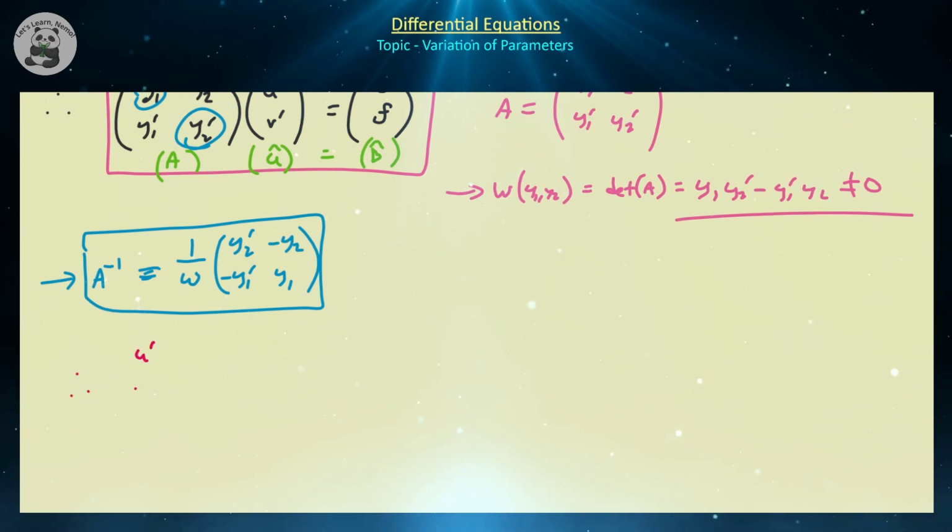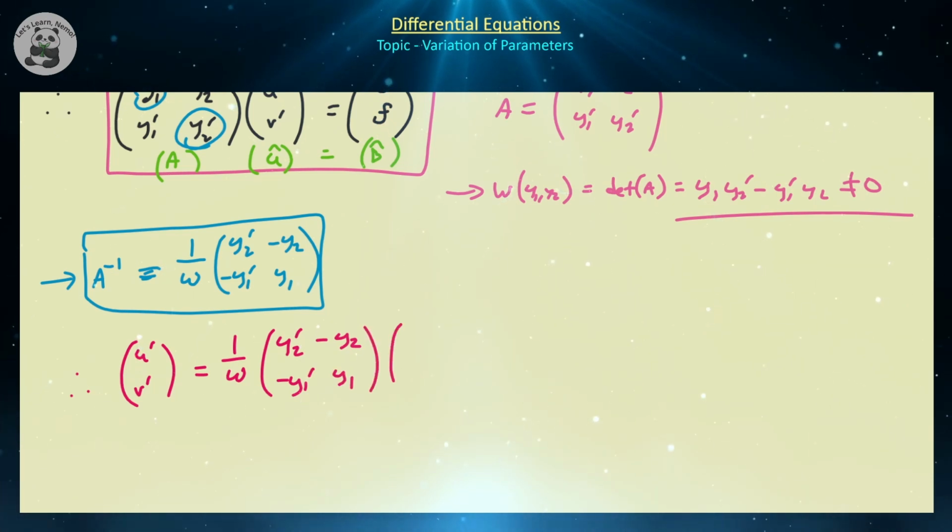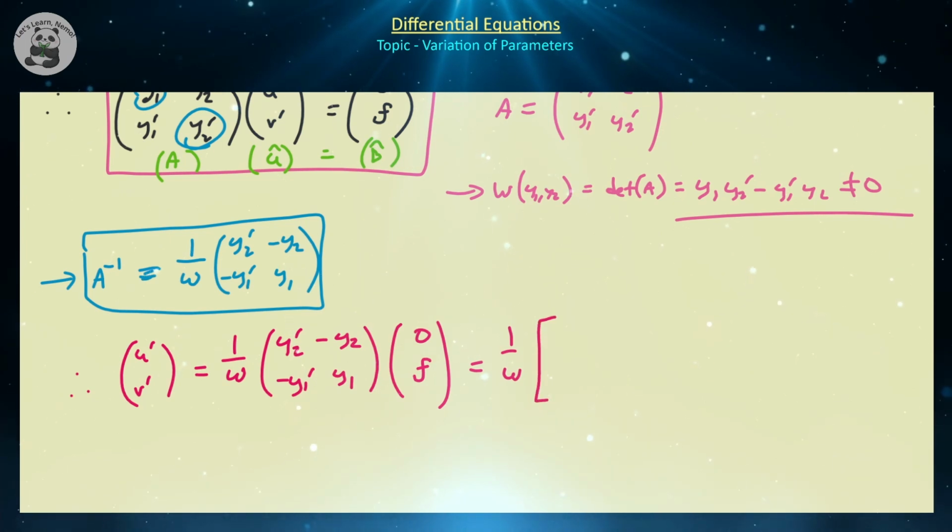So that means u prime, v prime will be equal to 1 over the Wronskian times y2 prime, minus y2, minus y1 prime, y1, times that vector on the right hand side, which is 0, f. So once we multiply that, we're going to have 1 over Wronskian times, and then we're going to be multiplying those vectors by each other. And keep in mind, this is going to be a 2 by 2 matrix.